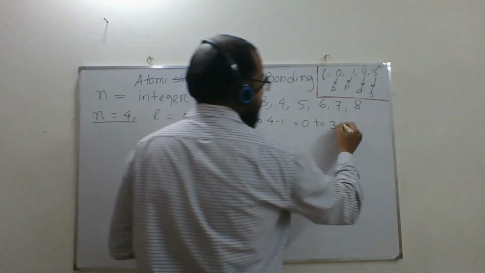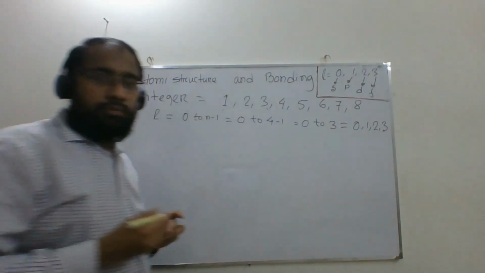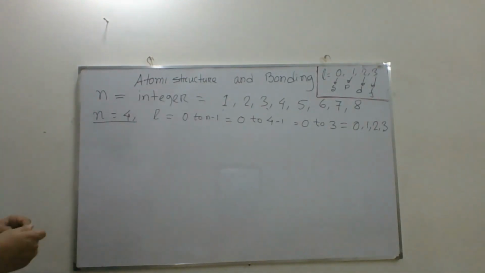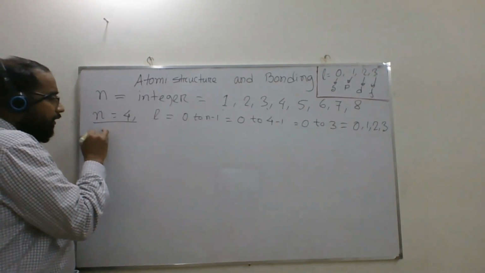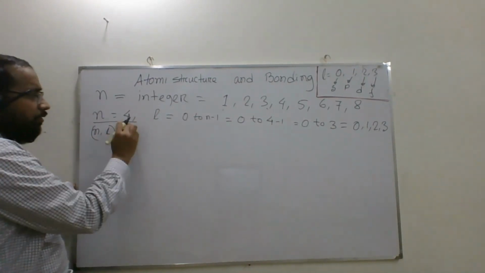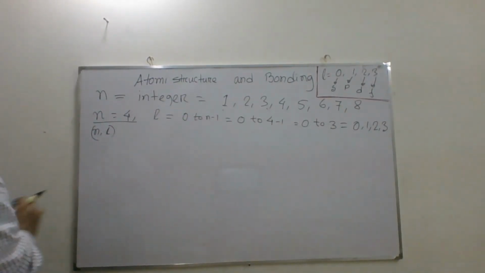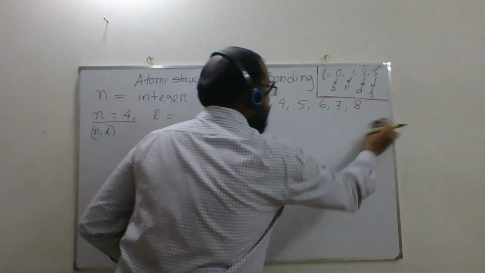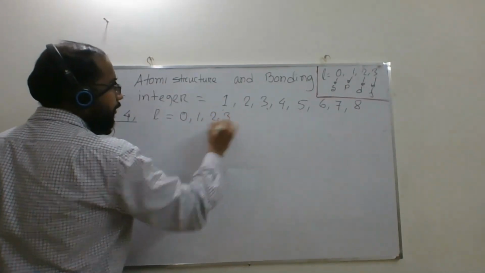So 0, 1, 2, 3. If we consider the set, there will be n and l sets. For simplification, we just keep 0, 1, 2, 3.